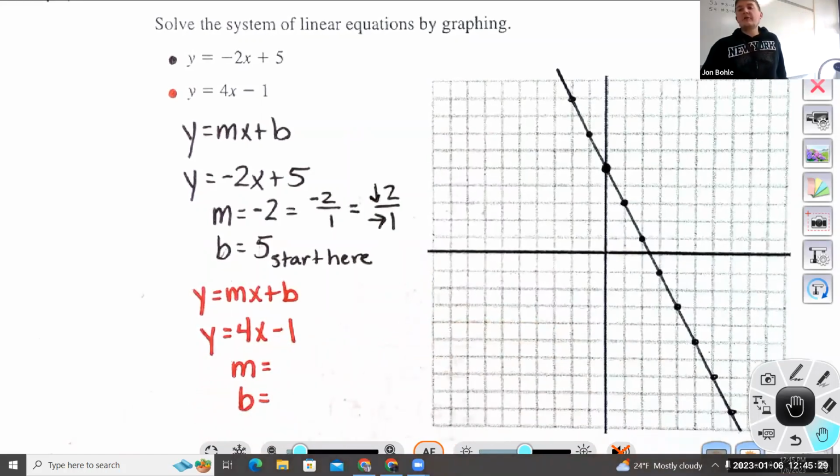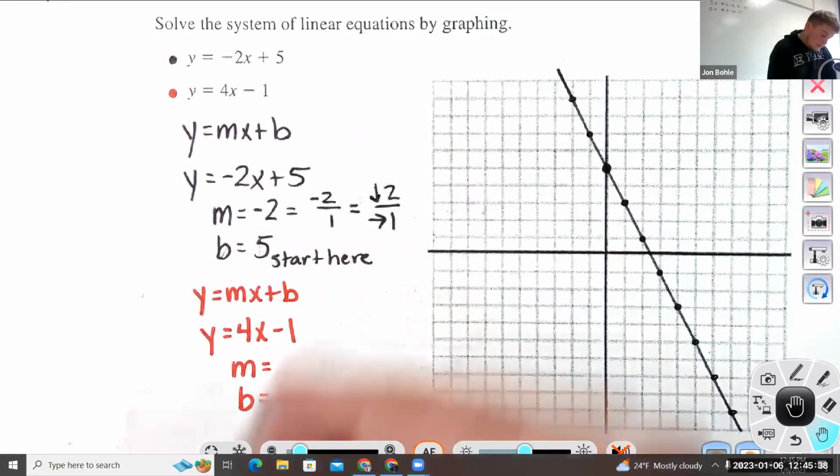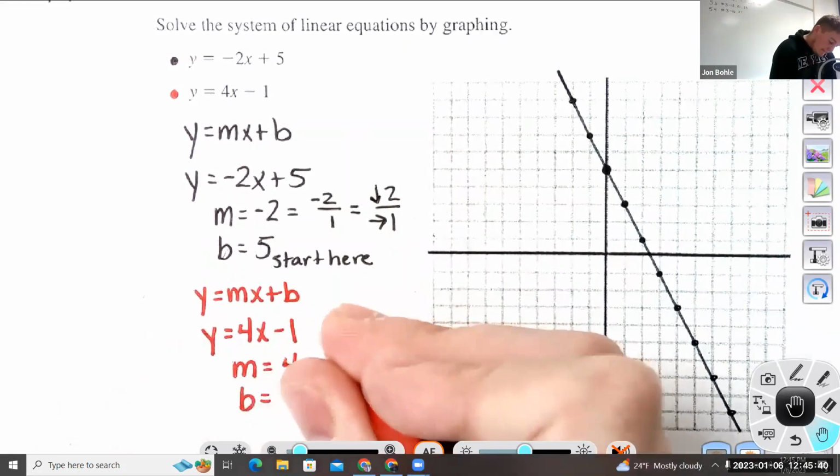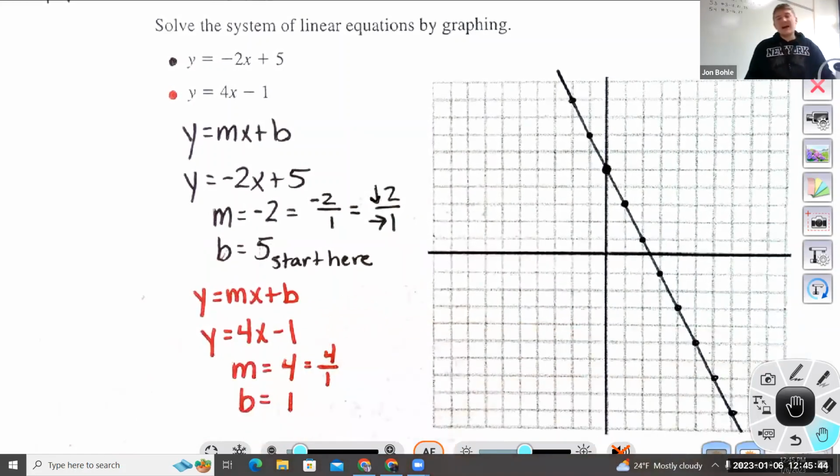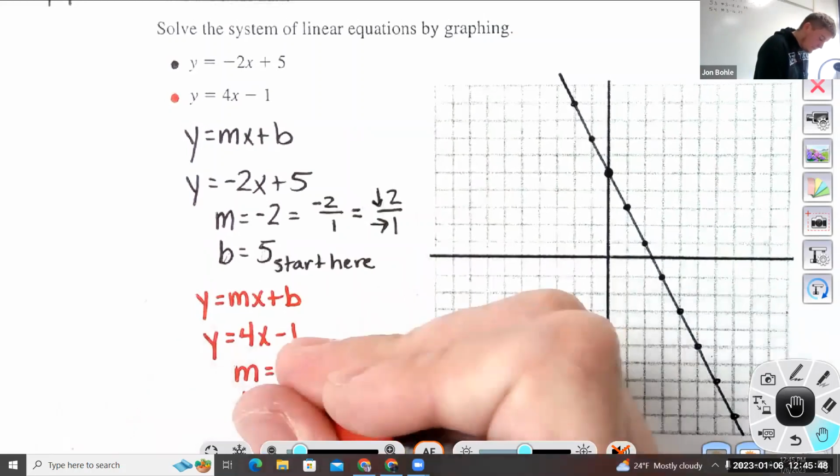So I have to find that m value and that b value. Anybody got either of those? Actually, b is not 1. B is -1. Good.